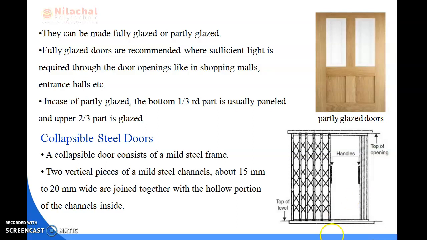You can see here the collapsible steel doors, this is the top of the label, and this is the top of the opening, and these two are the handles of the collapsible steel doors. These are made up of a steel frame, about 15 mm to 20 mm wide, and by using these handles we close the doors.